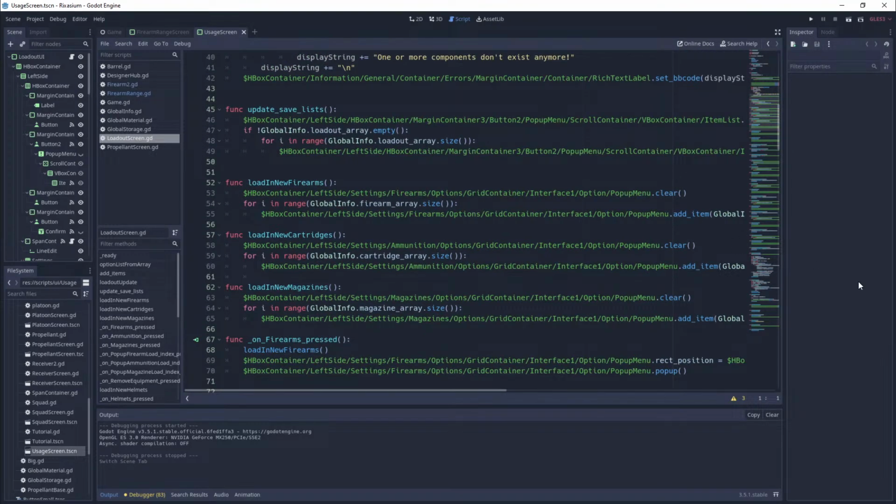So our loadout screen is completely done. Just need to get all of the back end work going. Insert.